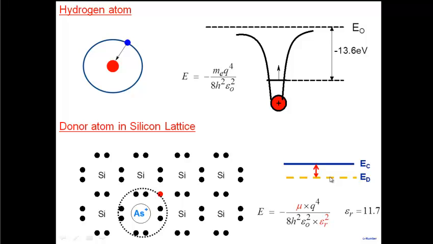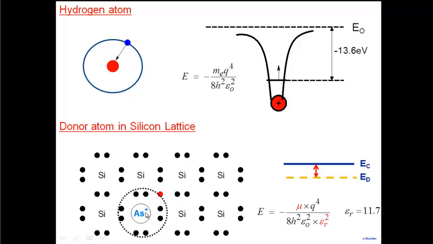E_C continuous means what? Remember I was saying that you have a state which extends all over the lattice. It's a delocalized state. Normally electrons in the conduction band are delocalized over the entire lattice here. While here, once it is there, it's localized to only this particular arsenic atom, right? And therefore one arsenic atom will introduce one level here.